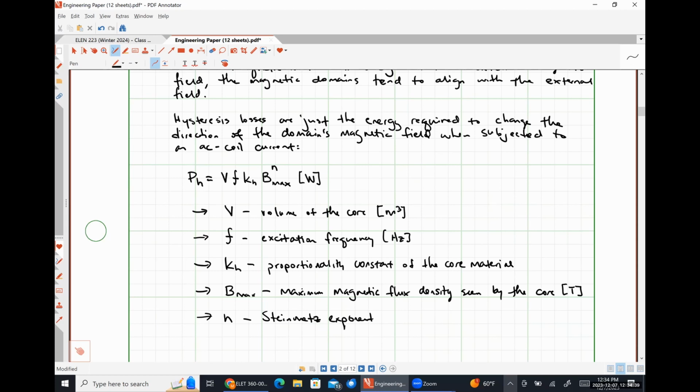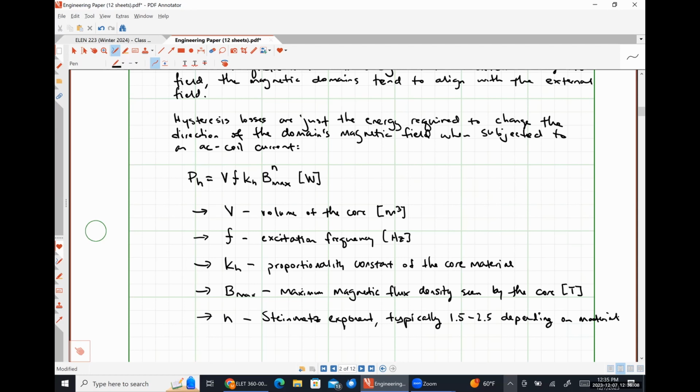The Steinmetz exponent is typically somewhere between 1.5 and 2.5, depending on the material. So this is how we mathematically calculate the hysteresis losses.